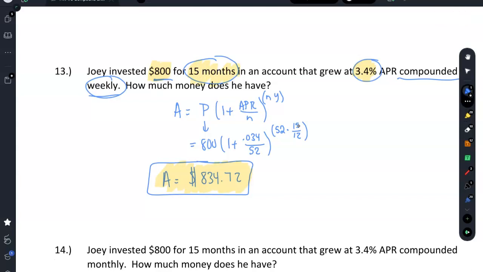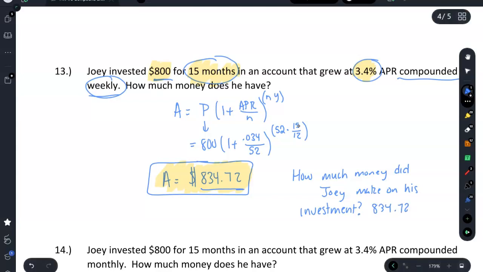Sometimes you'll see these things worded differently, where if I say how much money did Joey make on his investment, we take the final amount, which would be $834.72, and we subtract the original, because that's how much money he already had anyway, right?